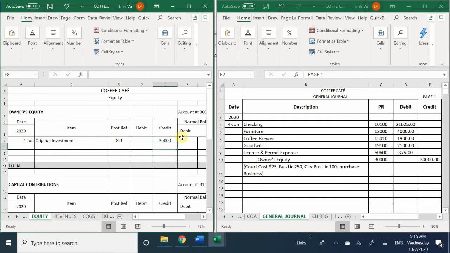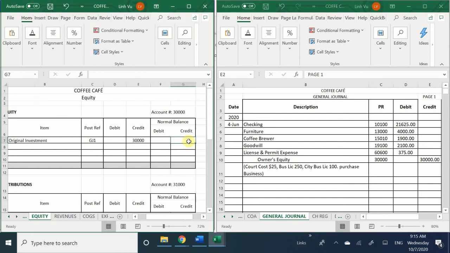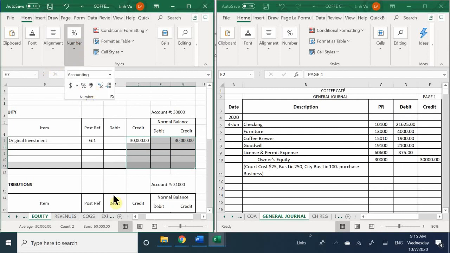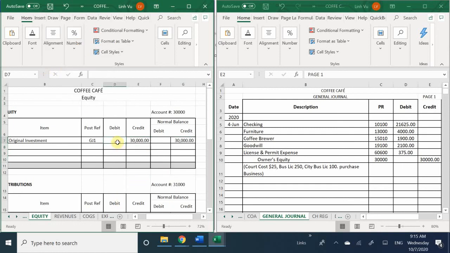So therefore, my normal balance should be on the credit side for $30,000. All right. Any questions so far on how to properly journalize and post it to our ledger?